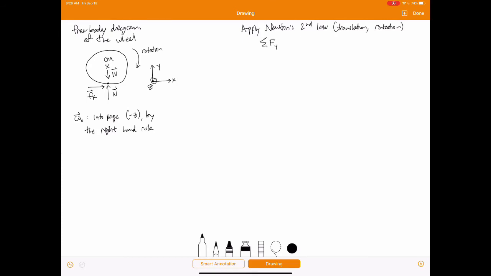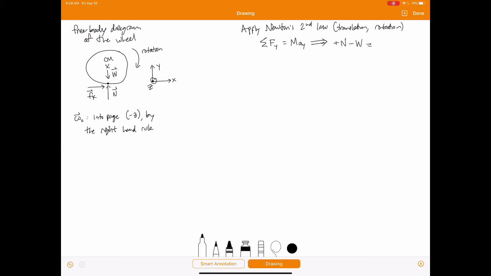So the net force in the y direction is equal to the mass of the wheel times the acceleration of the wheel. And if we go to the free body diagram, we have two forces that act in the y direction. Those would be the normal force, which points up in the positive y direction, so we have positive N, and then the weight, which is in the negative y direction, so minus W.